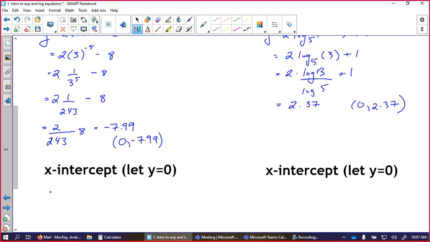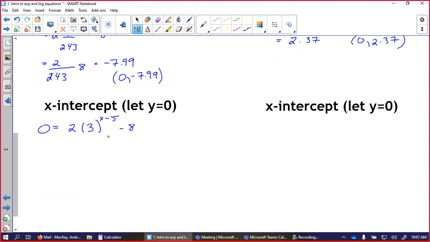For an x-intercept, we let y equal 0. 2 times 3 to the x minus 5, minus 8. And now we have to solve for x, which we can do now. Add 8, then divide that by 2. To get an exponent, log of 4 equals log of 3 to the x minus 5.